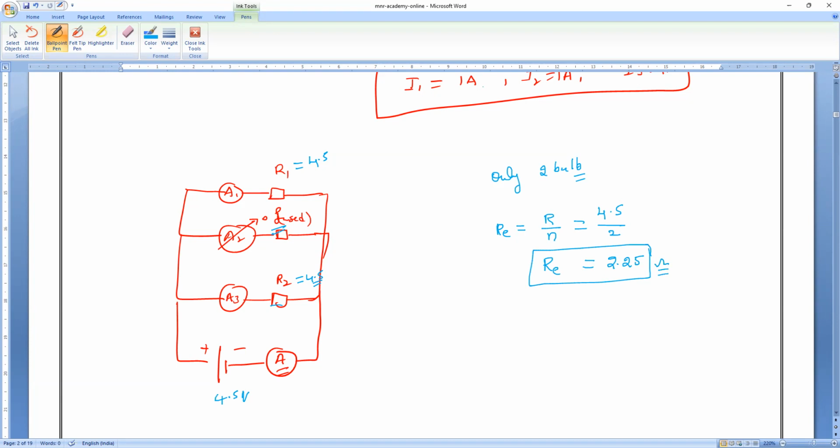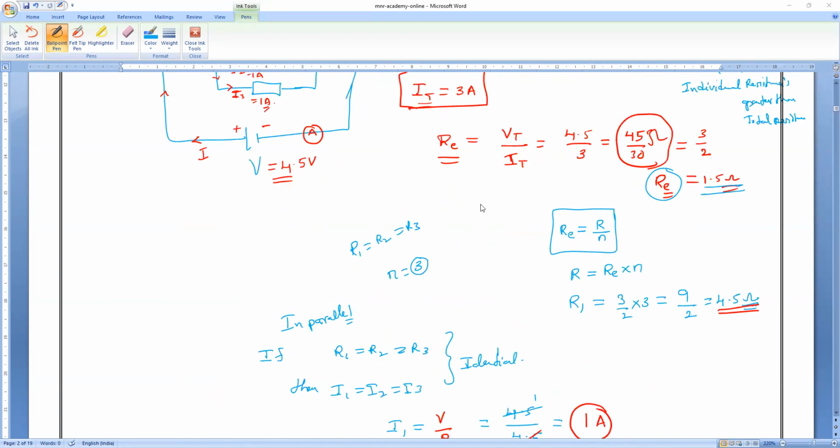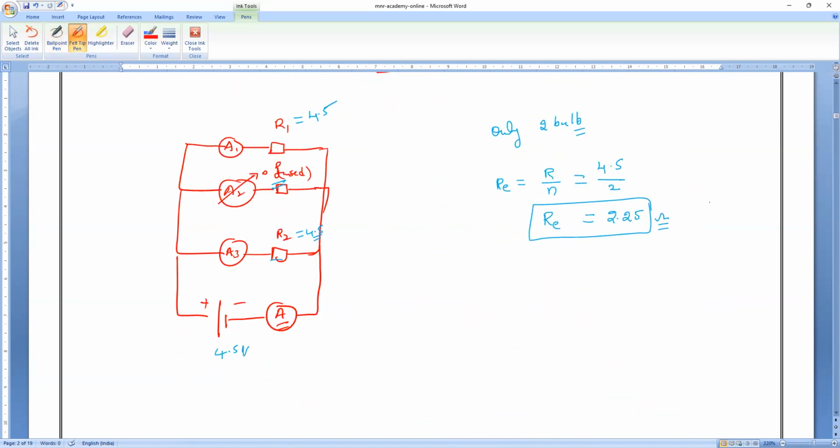Before, what was the effective resistance? It was 1.5 ohms. And now, what is the effective resistance? 2.25 ohms.